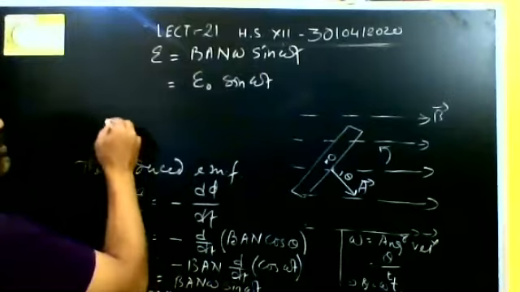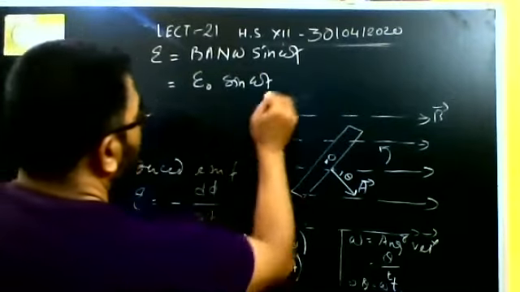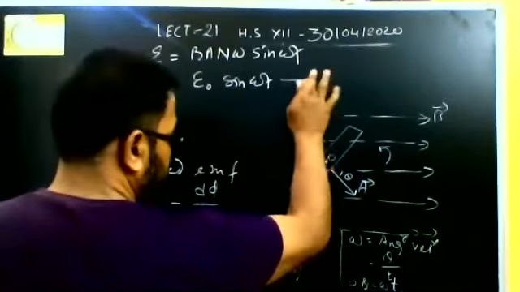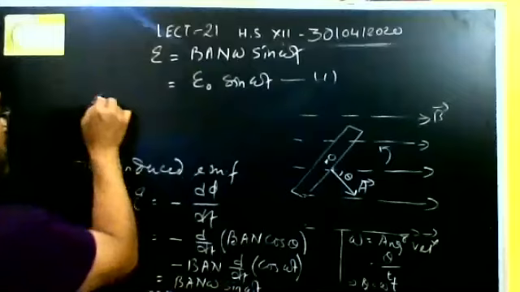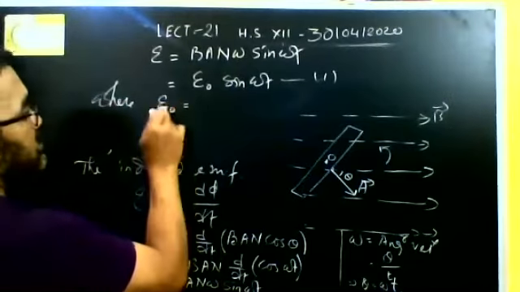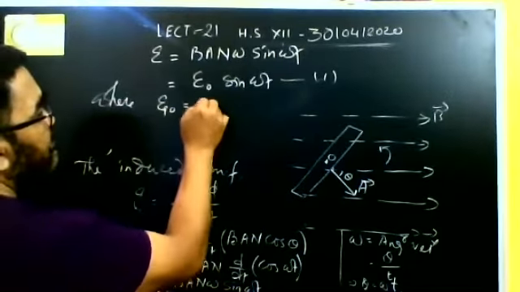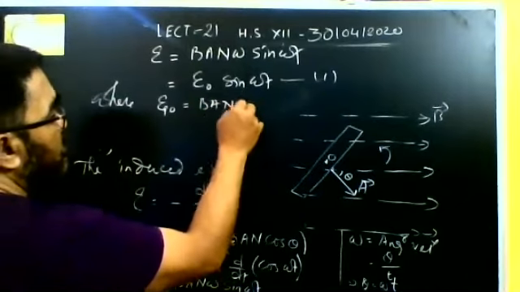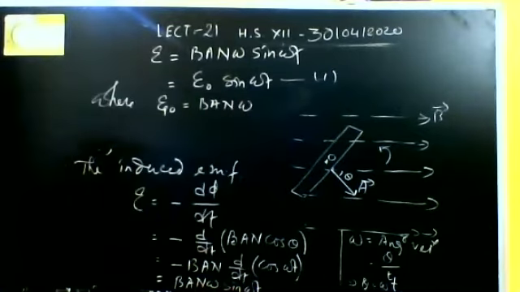Okay, so what is epsilon naught? Equation 1, where epsilon naught is equal to B A N omega, right?